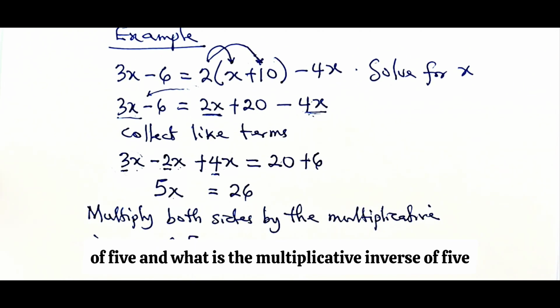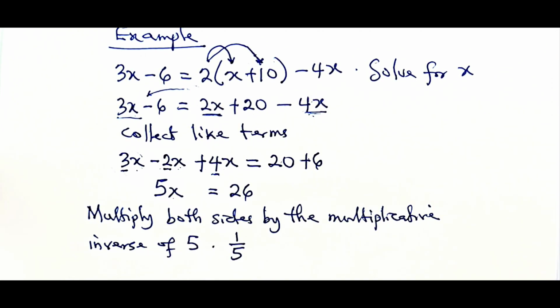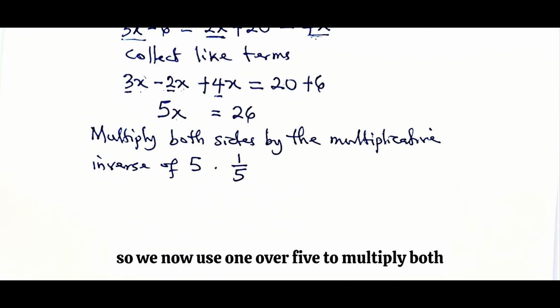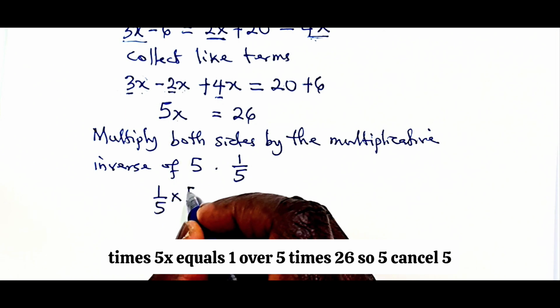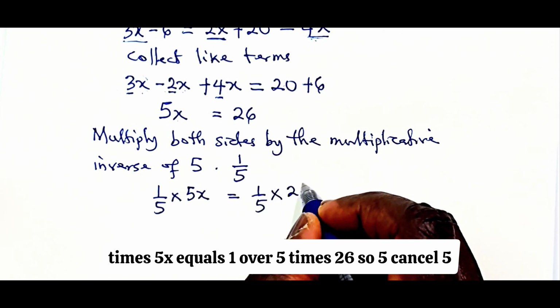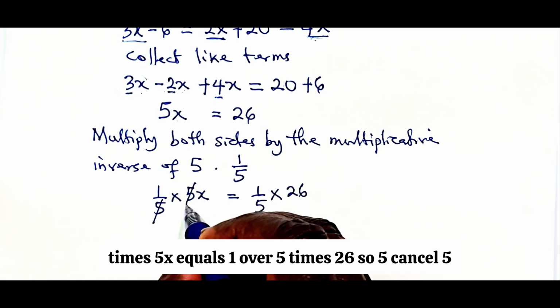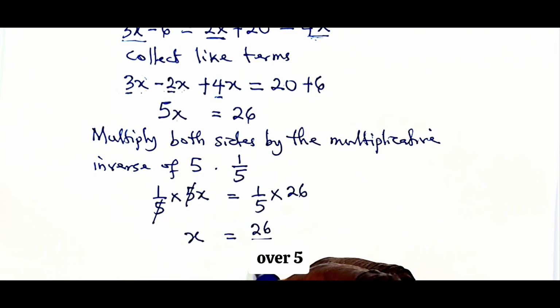What is the multiplicative inverse of 5? That one we give as 1 over 5. So we now use 1 over 5 to multiply both sides. So we have 1 over 5 times 5x equals 1 over 5 times 26. So 5 cancels 5. We have x equals 26 over 5.